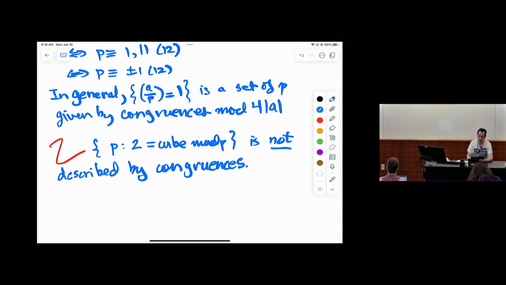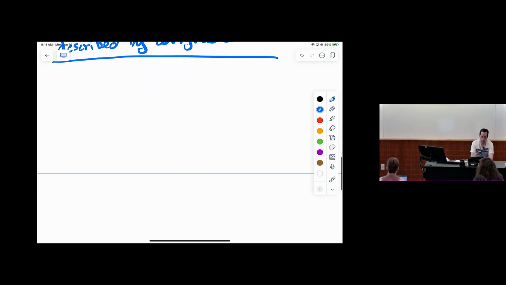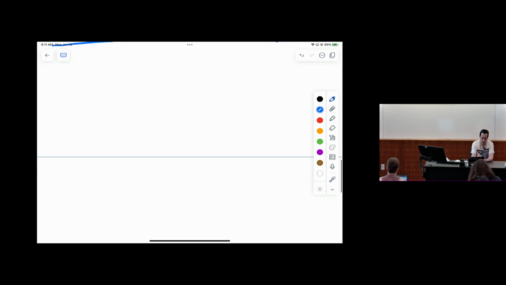So the next thing I want to do with quadratic reciprocity, or really these kind of square patterns, is to look at some special cases of Dirichlet's theorem. Let me remind you of Dirichlet's theorem.